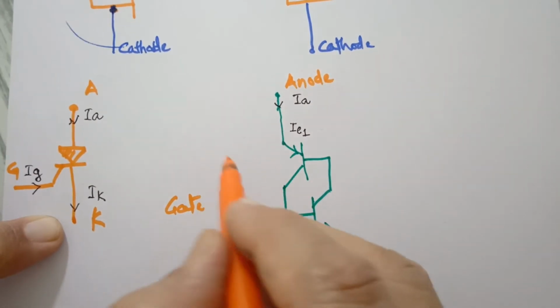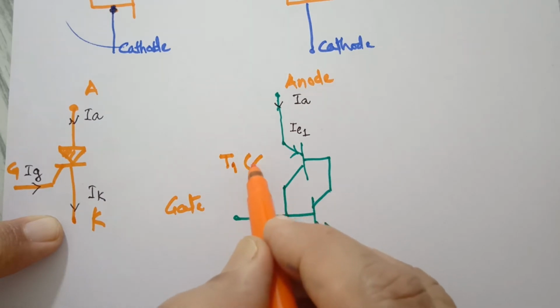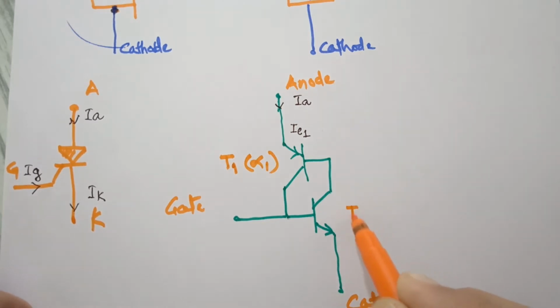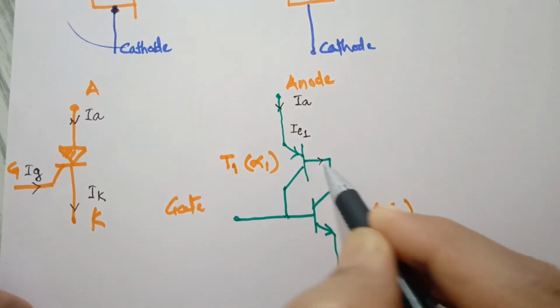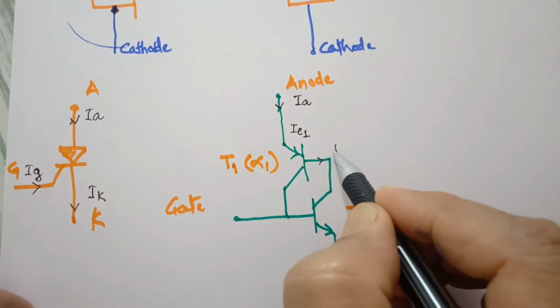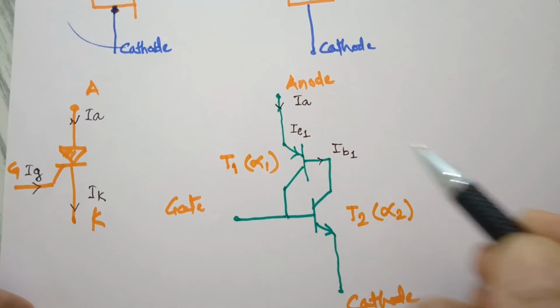Transistor T1 has common base current gain alpha 1, and the other transistor, T2, has common base current gain alpha 2. This will be the current coming out of the base. This is a PNP transistor, and therefore we will call this IB1.